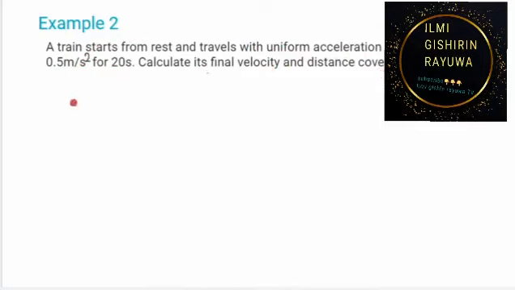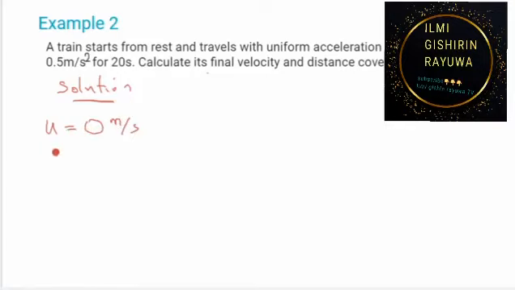So first, we'll write our solution. We'll bring out our parameters. A train starts from rest. If a body starts from rest in physics, it means that the initial velocity is equal to 0.